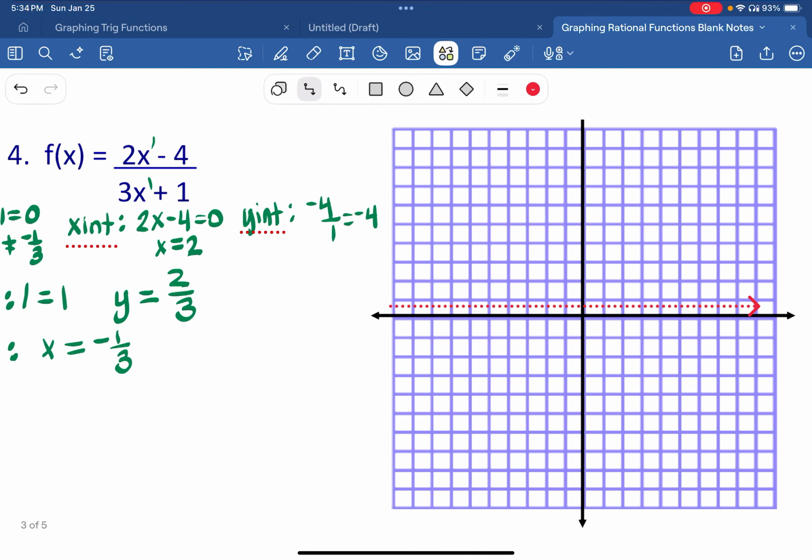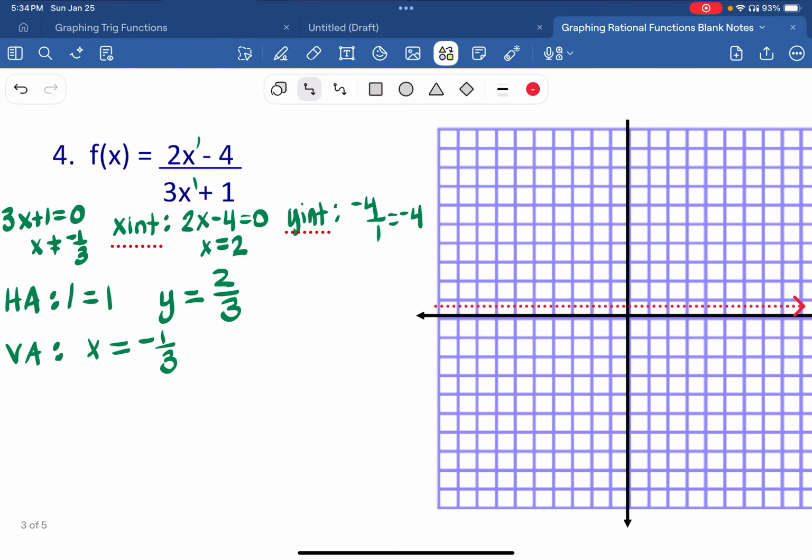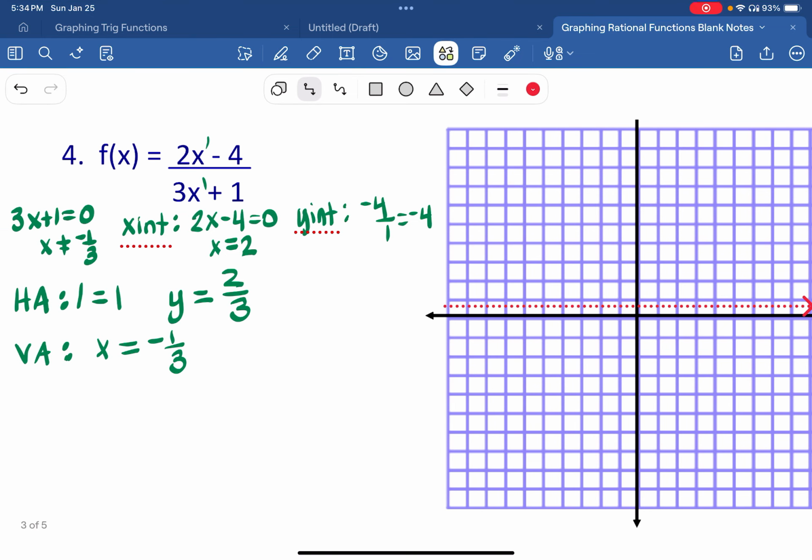And then our vertical asymptote is at negative 1/3. So I'm going to go down to the left to negative 1/3, which is going to be like kind of like in here. All right, let me see if I can extend that out. Can't quite get it straight there. All right, there we go. Pretty close. So that's my vertical asymptote.